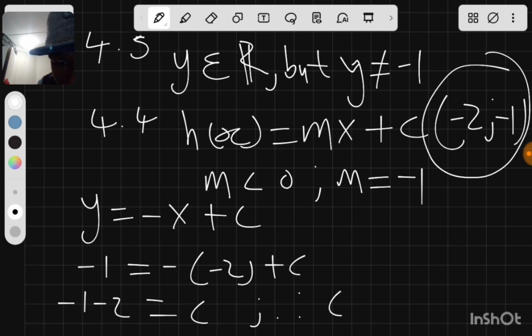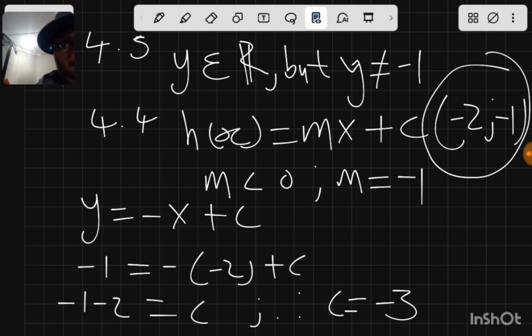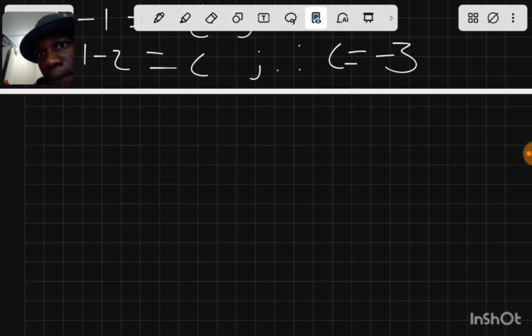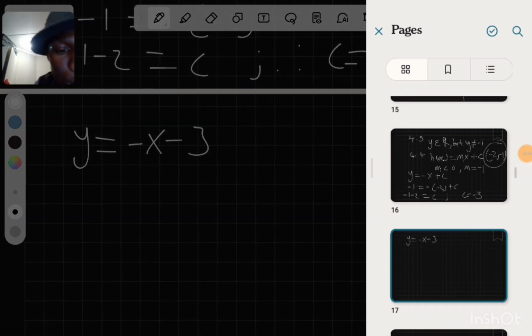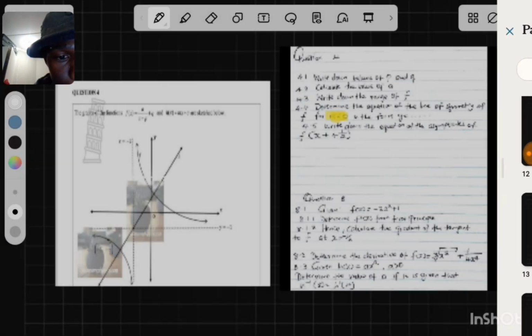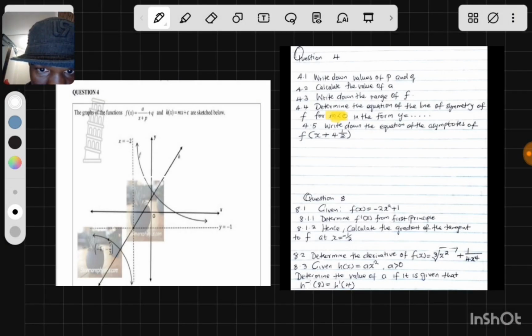Therefore, c is equal to minus 3. y is equal to minus x minus 3. This is our equation, that's what they are requesting.